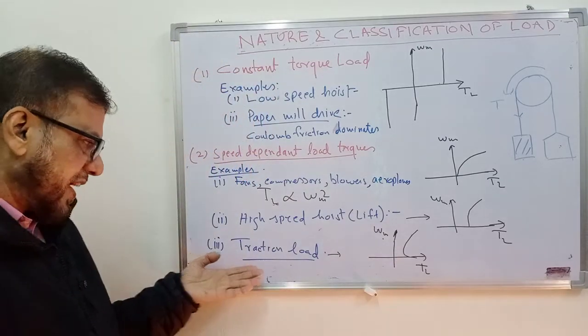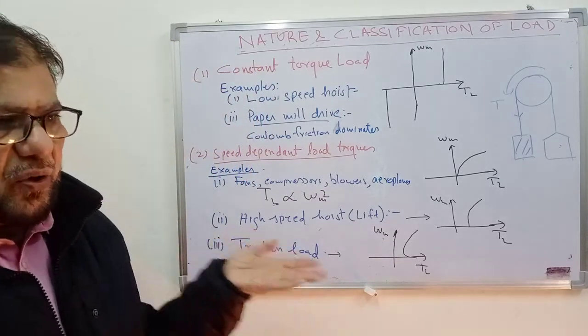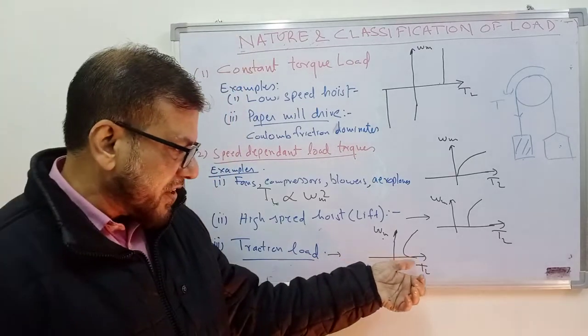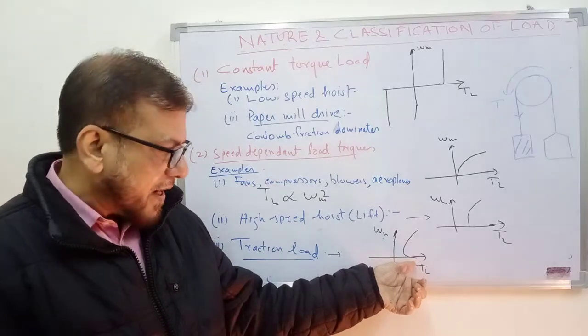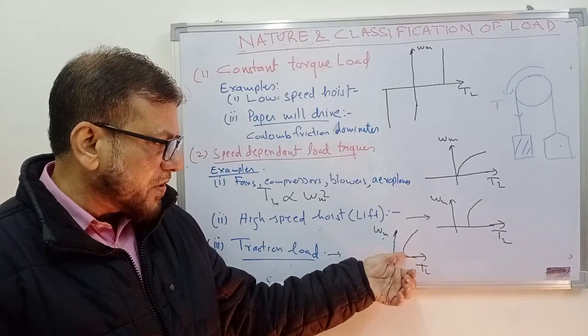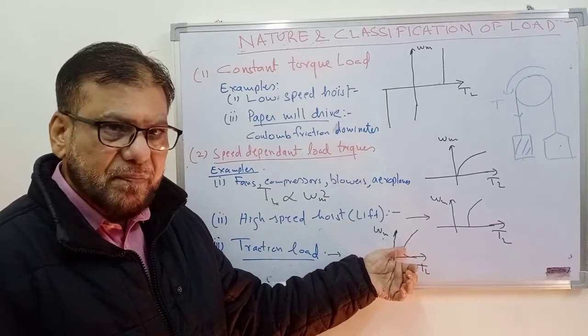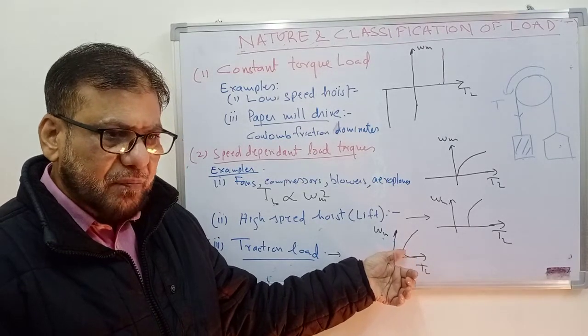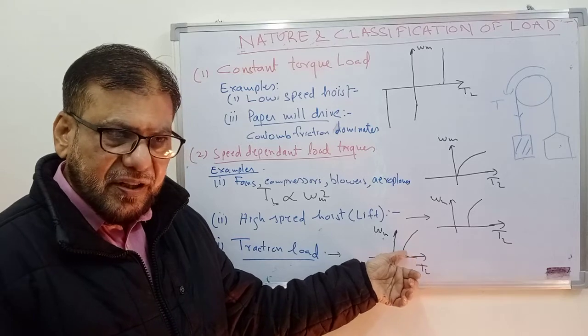Similarly, in the traction load, the train or the trolley or the car, in the beginning static friction is there, and as the bike or the train catches speed, the load torque first decreases because static friction is decreasing.